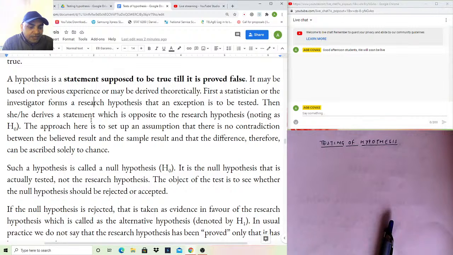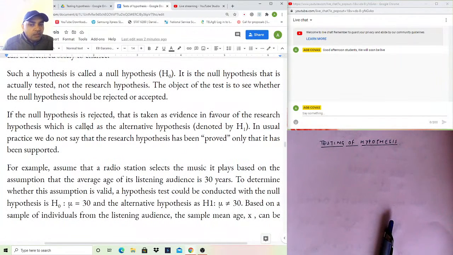So what we mean to say is that our research hypothesis is nothing but the alternative. But what we do in the experiment is set up a null hypothesis that there is no difference. We start by considering that there is no difference, then conduct the experiment, take the observations, and finally determine whether the null hypothesis is to be rejected or accepted.